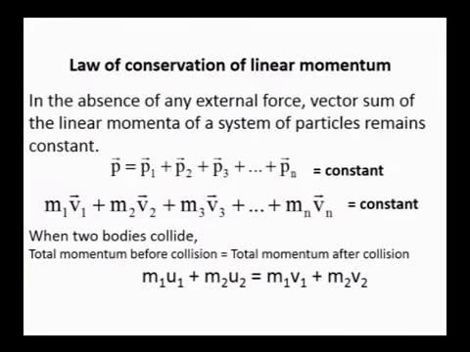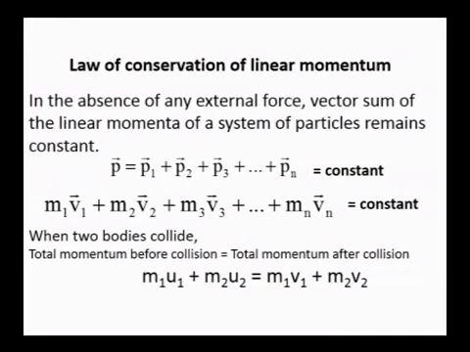Coming back to the law of conservation of linear momentum: in the absence of an external force, the vector sum of linear momenta of a system of particles remains constant. If there are n momenta due to collision, the total momentum is conserved.